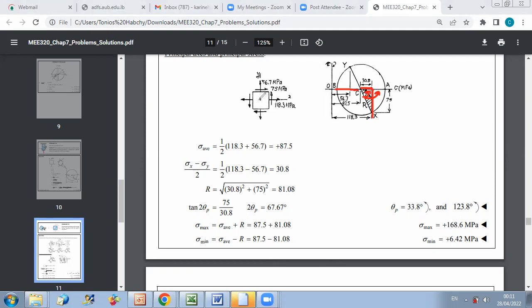So if I want to represent here on this element the orientation of principal axis, I have to rotate from x-axis in angle of 2 theta p over 2. So an angle of 33.8 degrees will give me the first principal axis. And the second principal axis is oriented at an angle of, so it's perpendicular to this one.